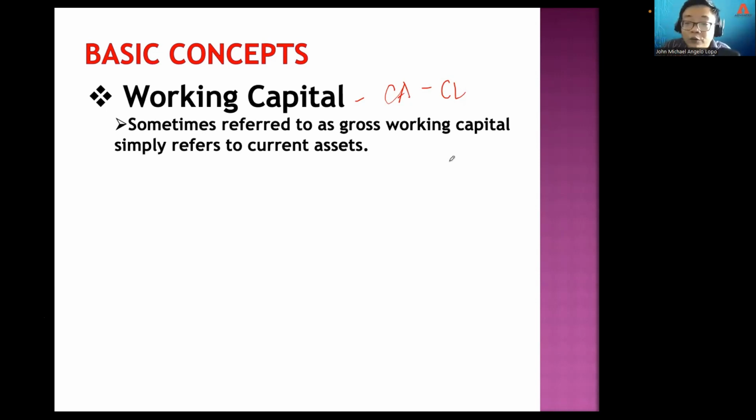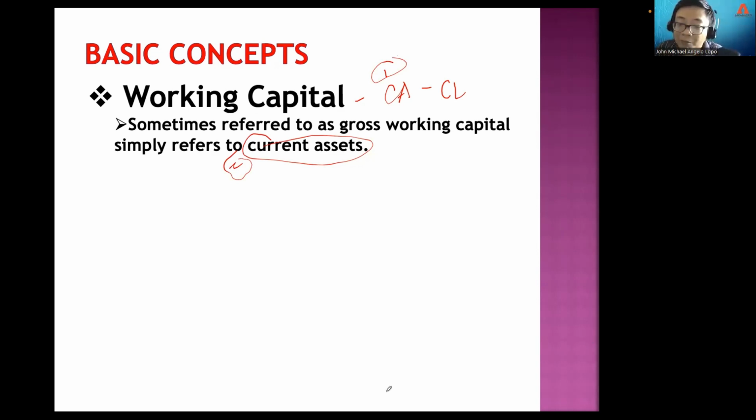The answer for the working capital is current assets. Again, this is the first priority and this is the second priority. When you say about working capital, it is current assets minus current liabilities. But kung wala sa choices in the CPA board, and most of you here will take the CPA board exam, the answer is current assets.